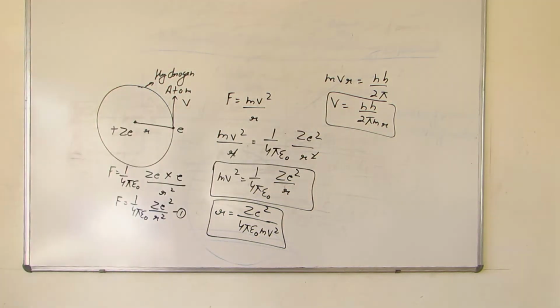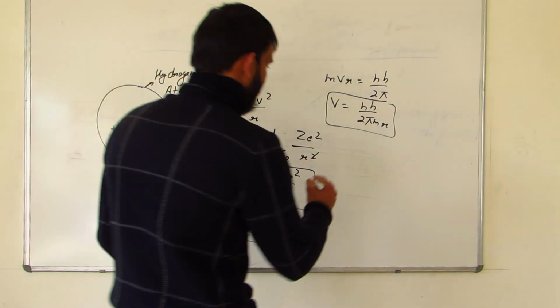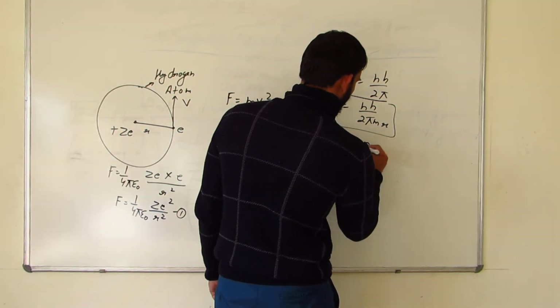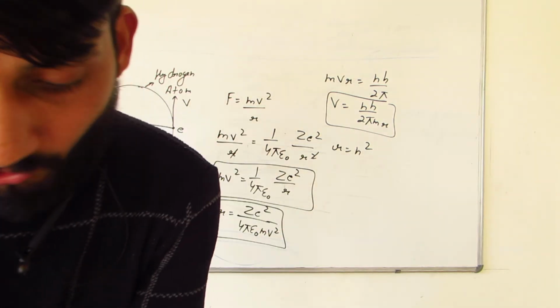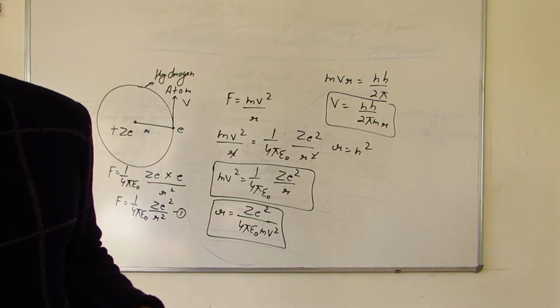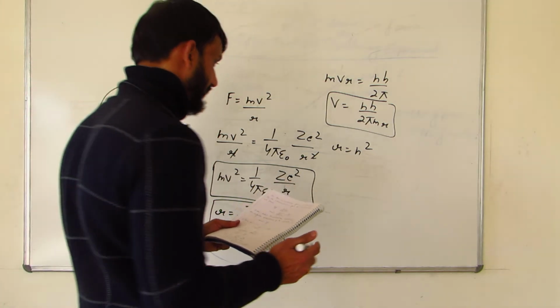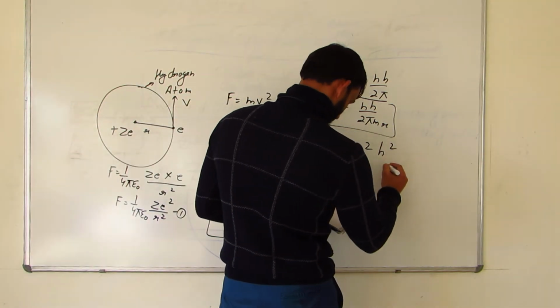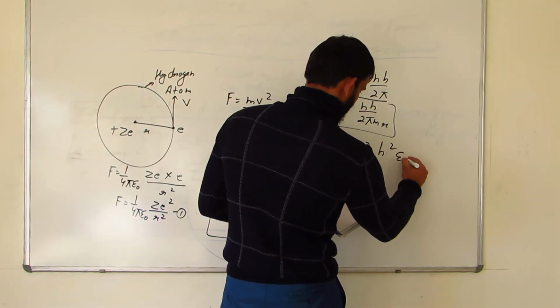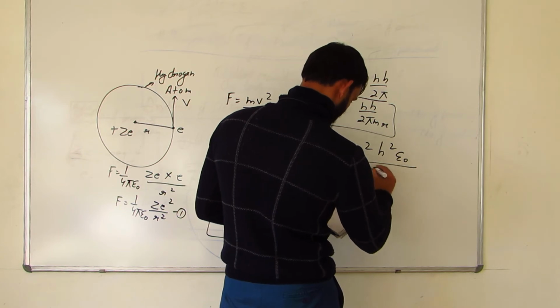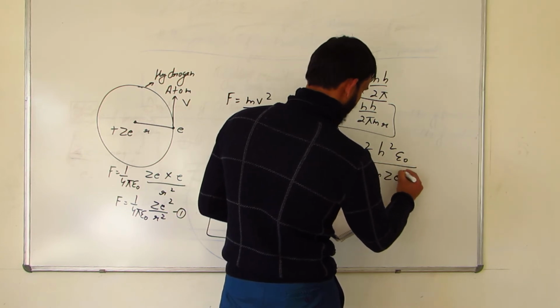I am leaving that part up to you. I will just write the final expression: r equals n square. Remember that n is the orbit, the nth orbit. It could be the first orbit, second orbit, third orbit. n square h square epsilon naught upon pi m Z e square.